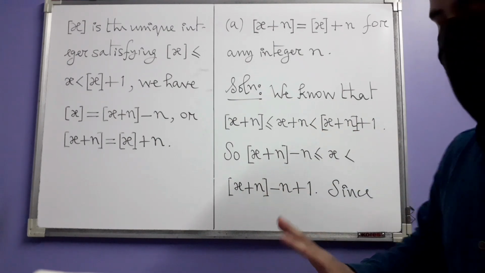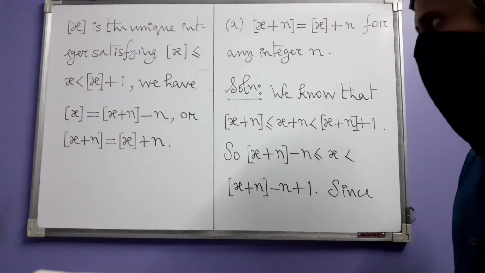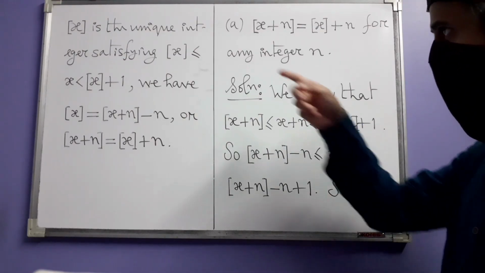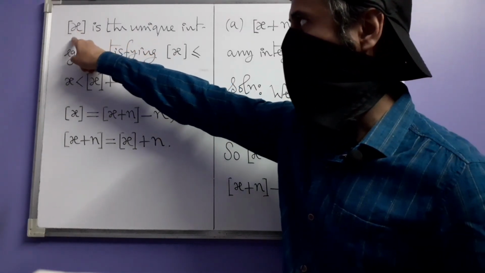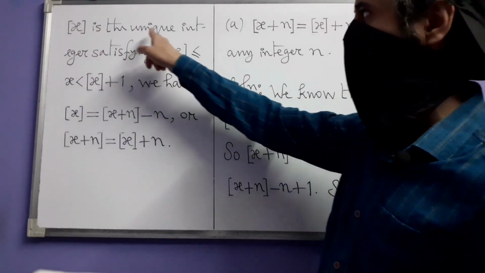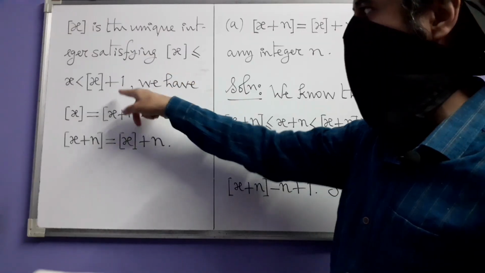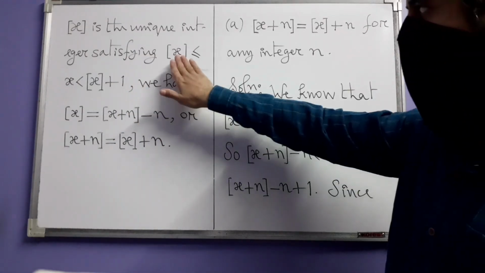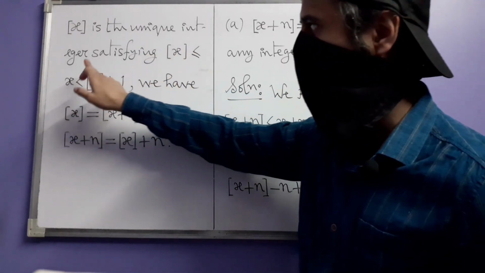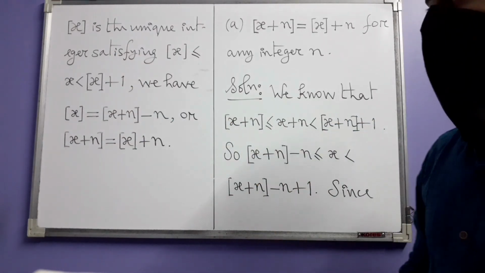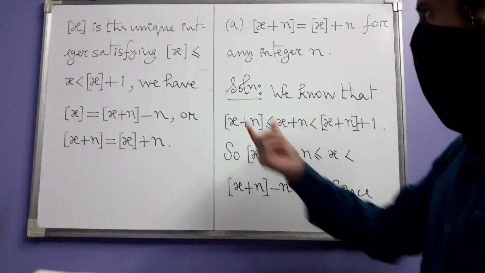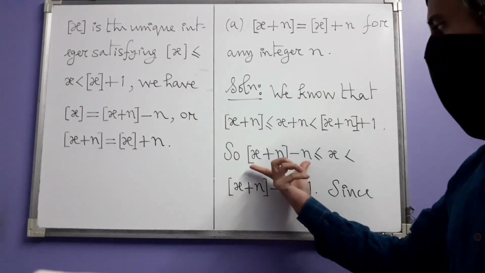We write the minus n first, plus 1, and then we note this: since the greatest integer value of x is the unique integer satisfying these inequalities, that is, it is less than or equal to x and x is less than it plus 1, that is why this would be equal to this.